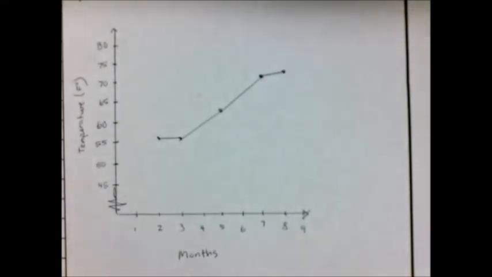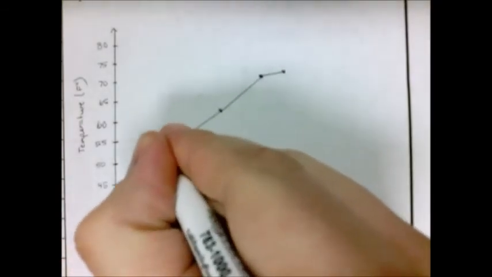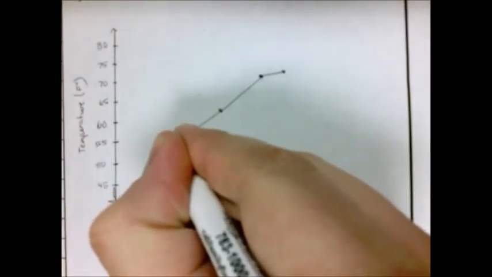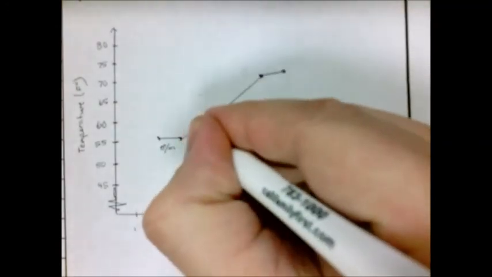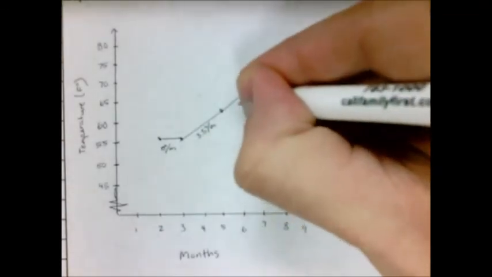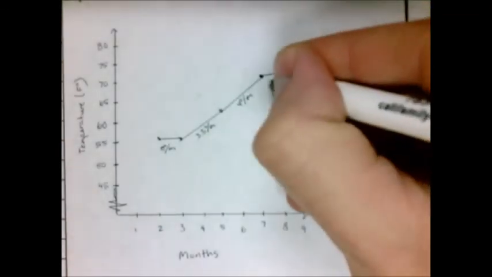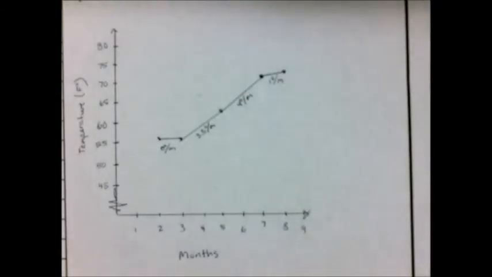Remember, it just says to show the rates of change. This was 0 degrees per month. This one went up 3.5 degrees per month. This was 4 degrees per month. And then finally 1 degree per month. Okay, so your graph should look something like this. That's exactly what you need to do for this type of graph.